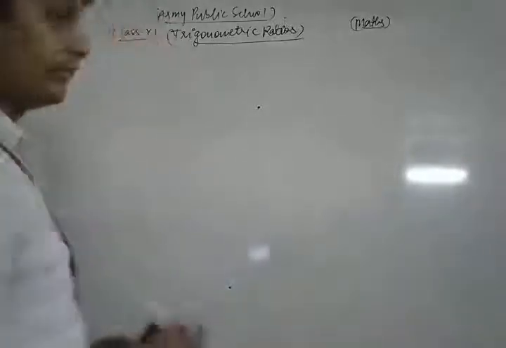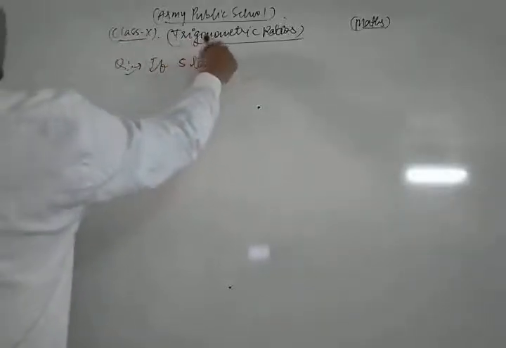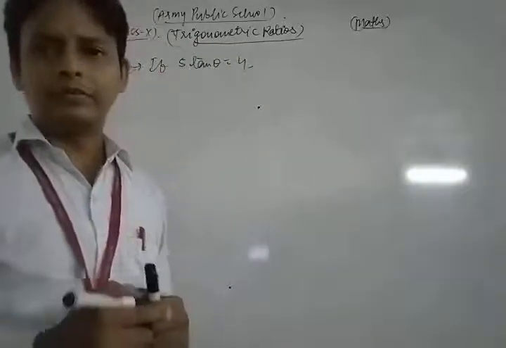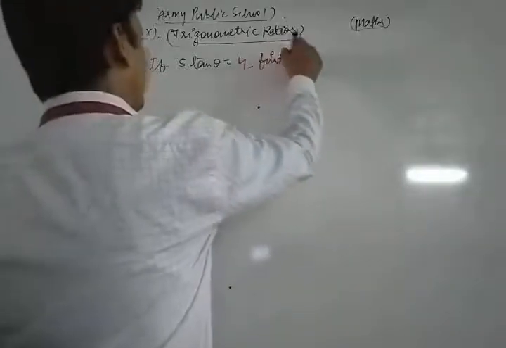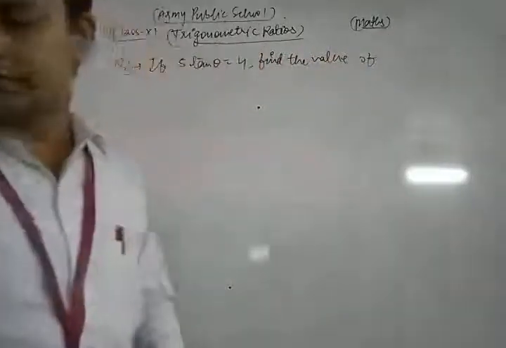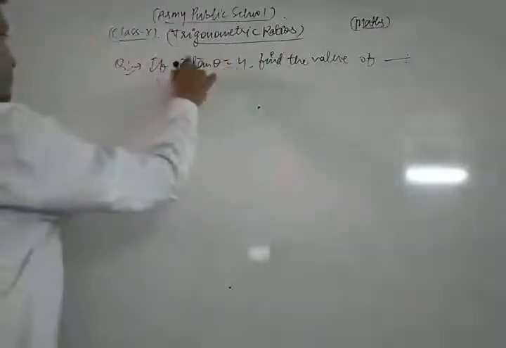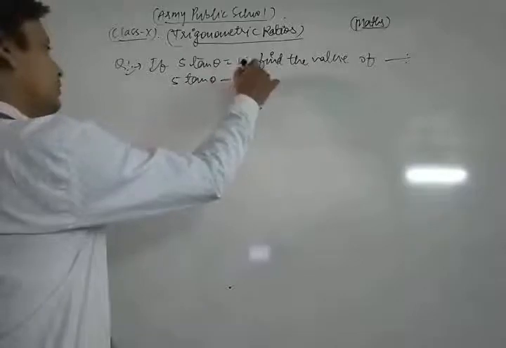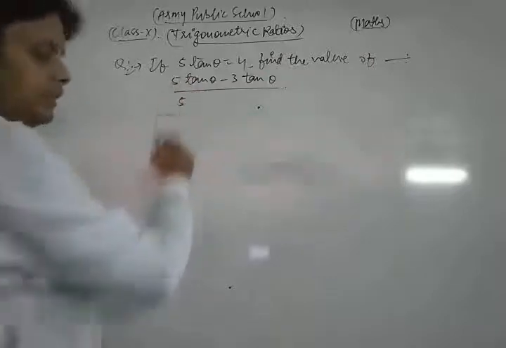Question A: if 5 tan theta is equal to 4, then find the value of 5 tan theta minus 3 tan theta divided by 5 sin theta.